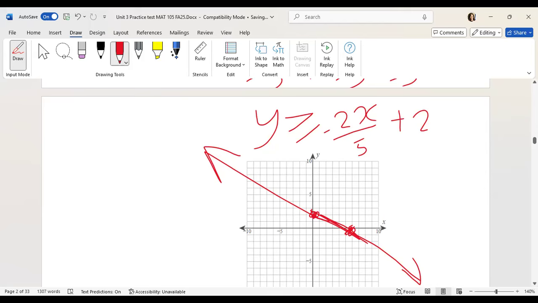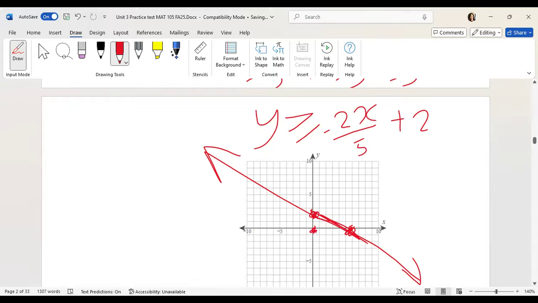So now the next thing is to find the half plane, because a line divides a plane into two half planes. Now we want to know which half plane, the one on top or the one below? I will again choose the point 0, 0.